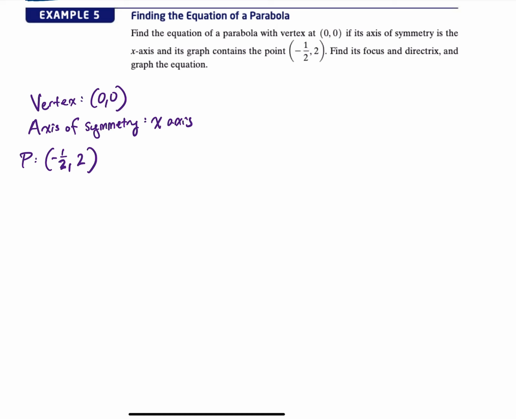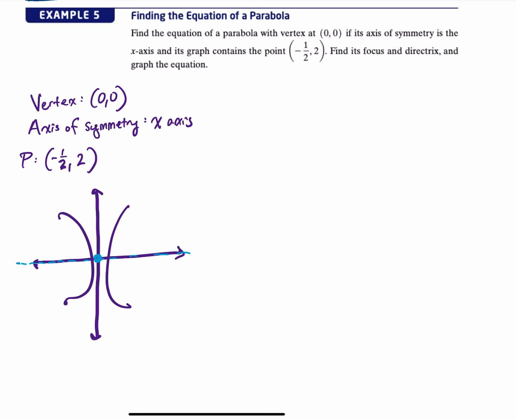Let's start to imagine, is this going to open left, right, up, or down? Well, the vertex is at 0, 0. It doesn't quite tell us yet. They say the axis of symmetry is the x-axis. So that means I should have some parabola that opens to the left or to the right. And it has the point negative 1/2, 2.